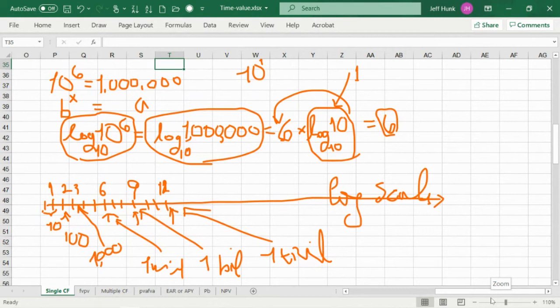In other words, between 1 and 2, it's not 2 times, it's 10 times. Between 1 and 3 is not 3 times, but 100 times. Does that make sense?